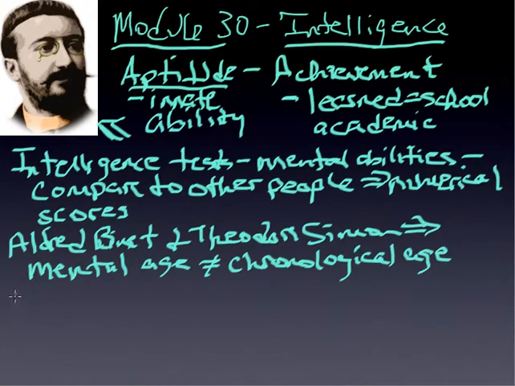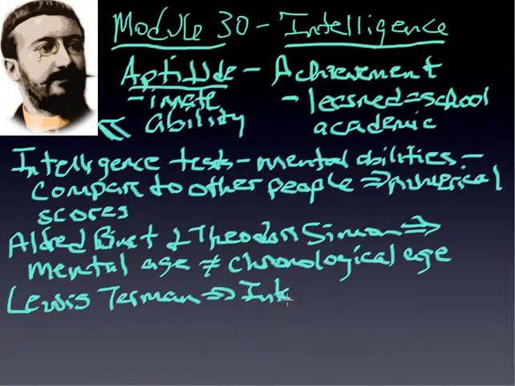Louis Terman is another person who was instrumental in the development of the Stanford-Binet, and he began his work at Stanford University and began to develop what he referred to as the intelligence quotient, which is what oftentimes people commonly refer to as the IQ.